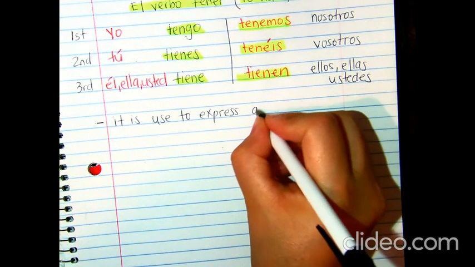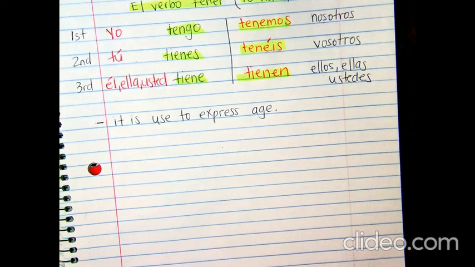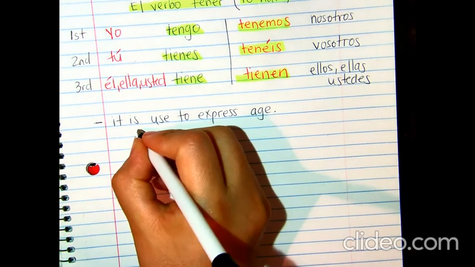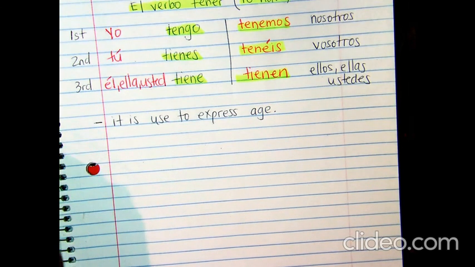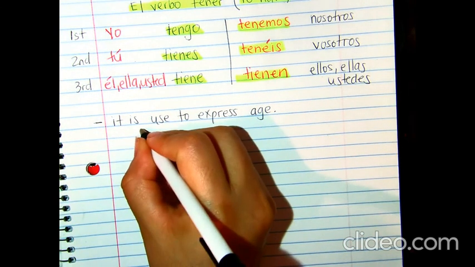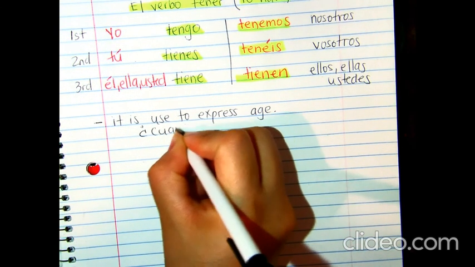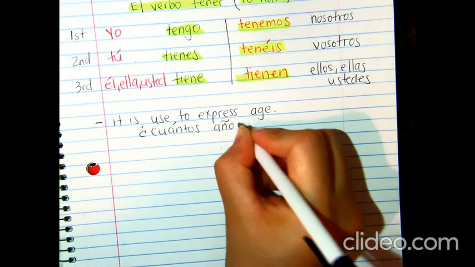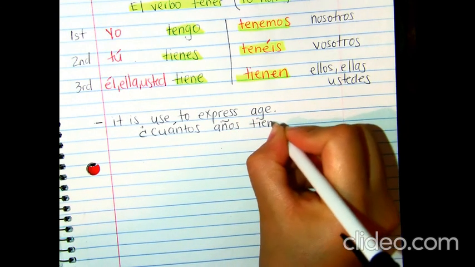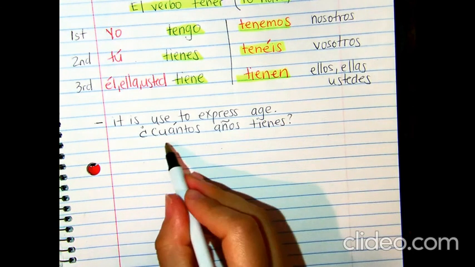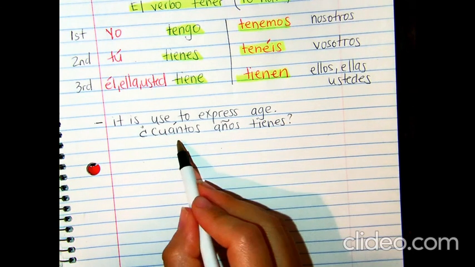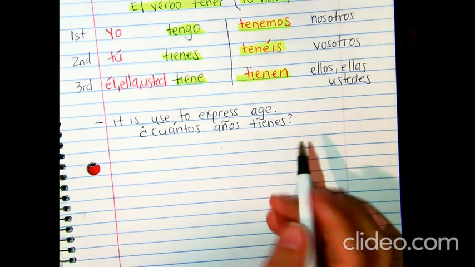express age. Okay, and this you already know when you say how old you are. Someone asks you a question. ¿Cuántos años tienes? This is how many, this is years, and this is have.